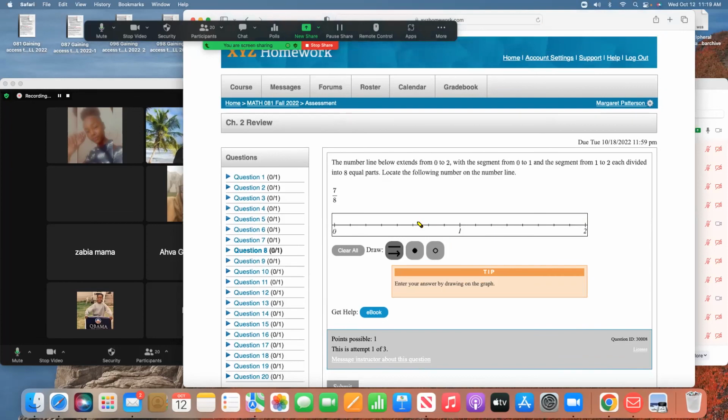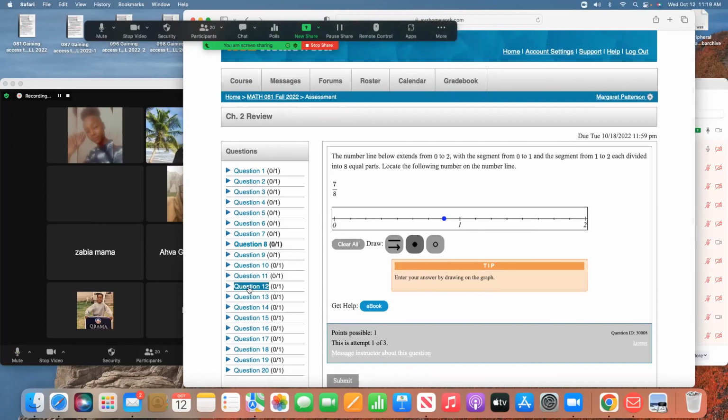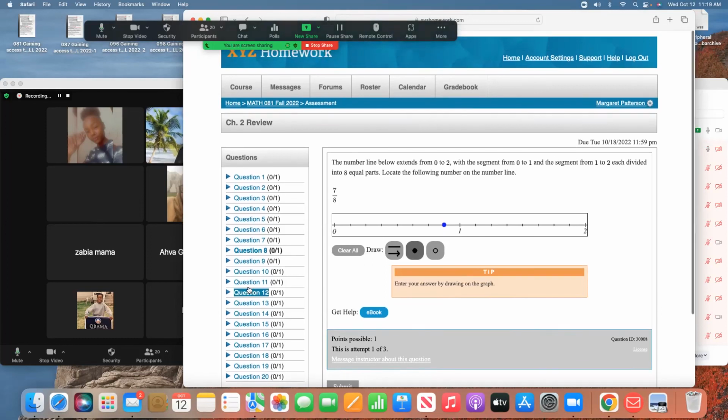Oh, that crazy number line. Fortunately, this one is 7/8, and you count them 1, 2, 3, 4, 5, 6, 7. The answer would be here. So when the number of marks and the fraction match, then you're in good shape. But that's something you can work on anytime.